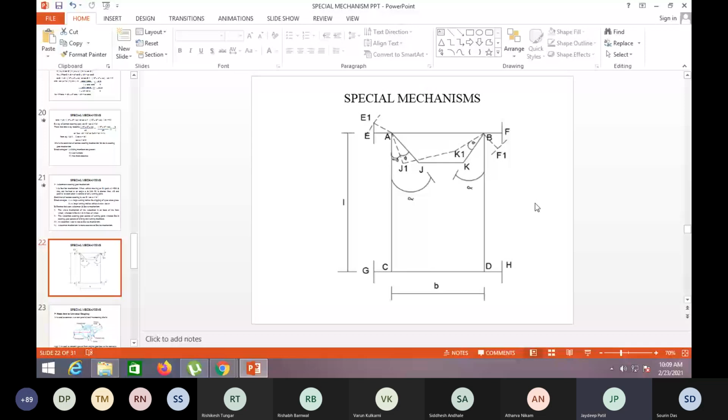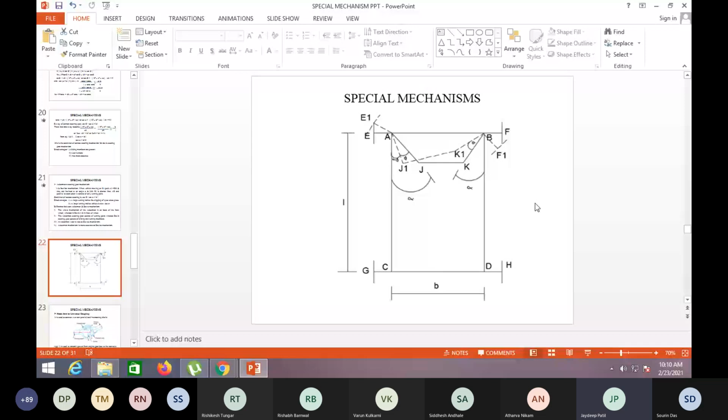Second, in Davis sliding members are present, while in Ackermann there are only turning pairs, no sliding member. In Davis more wear takes place; in Ackermann there is less wear. In Davis it is less accurate; Ackermann is more accurate. Like this, you have to write down the difference.